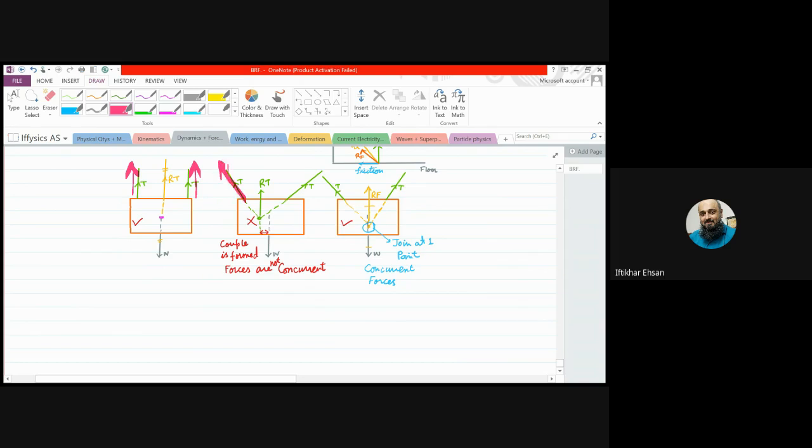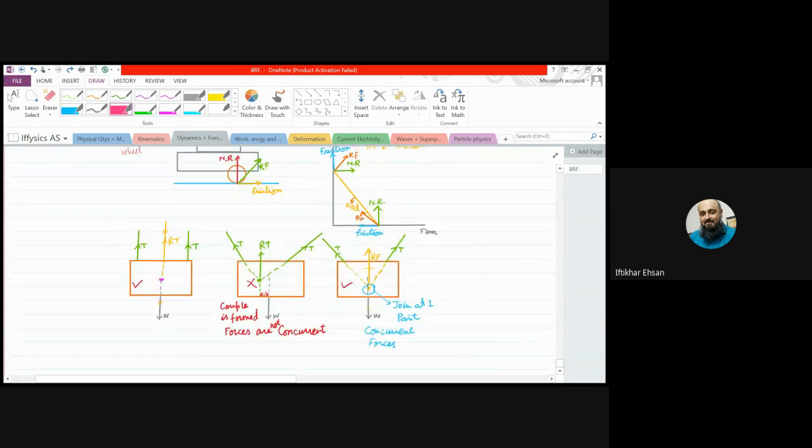Here one string is angled like that and one like that, and in the third like that. In these three diagrams, two of them are in equilibrium, this one and this one. This one is not in equilibrium. Why? That is going to be a very important point.